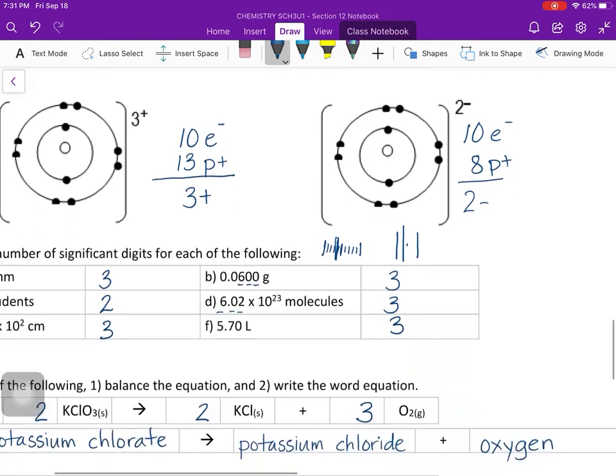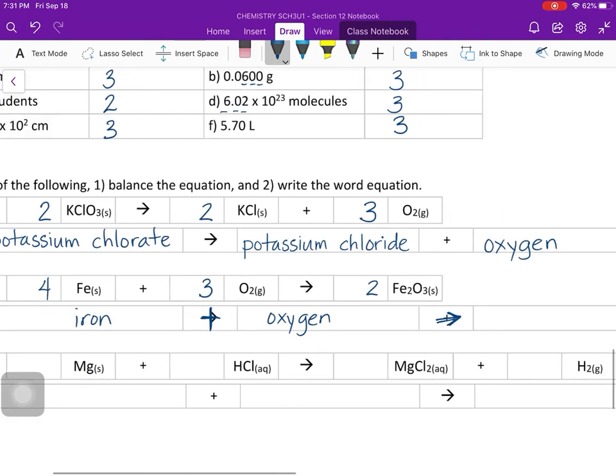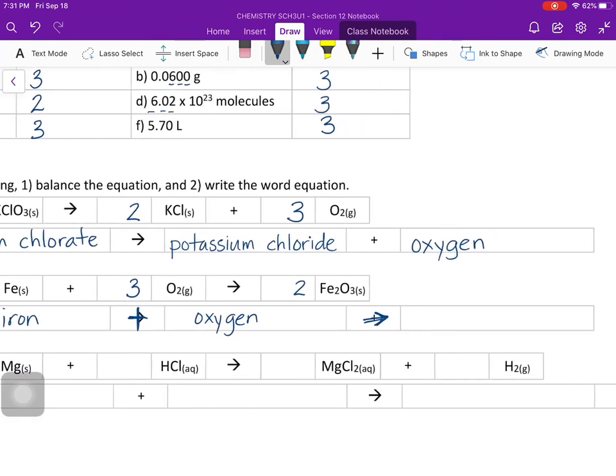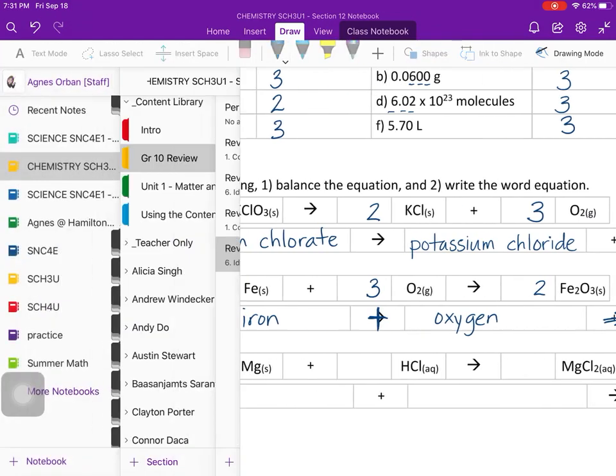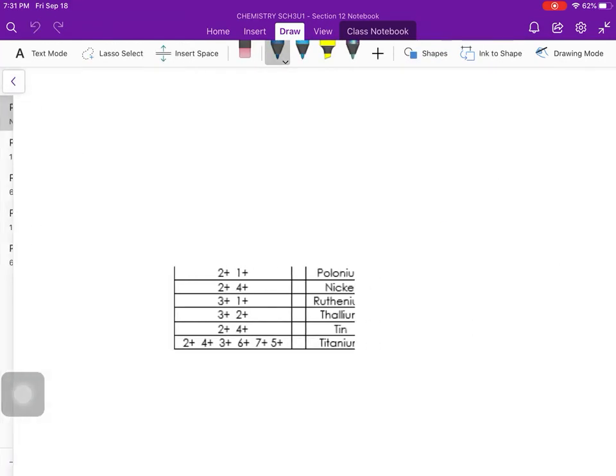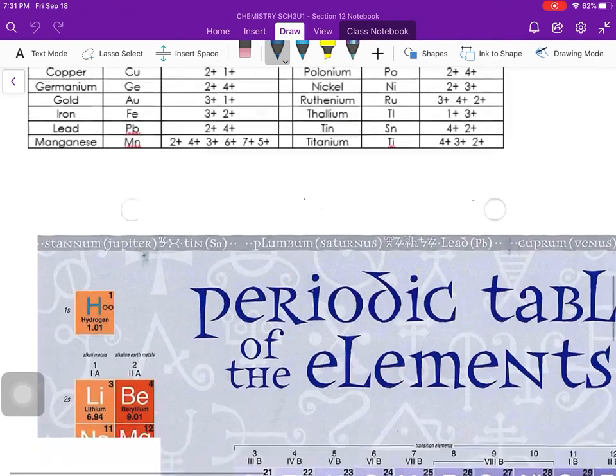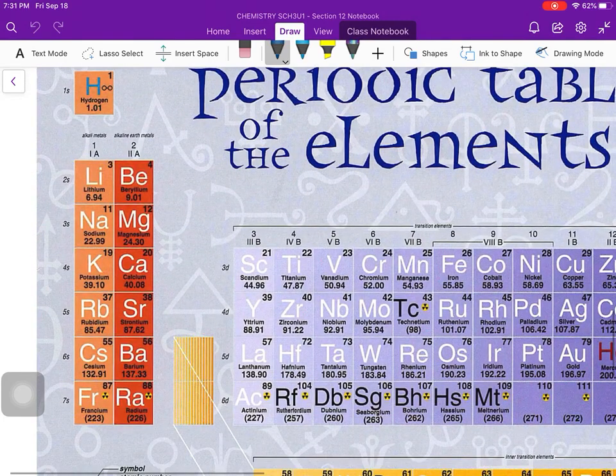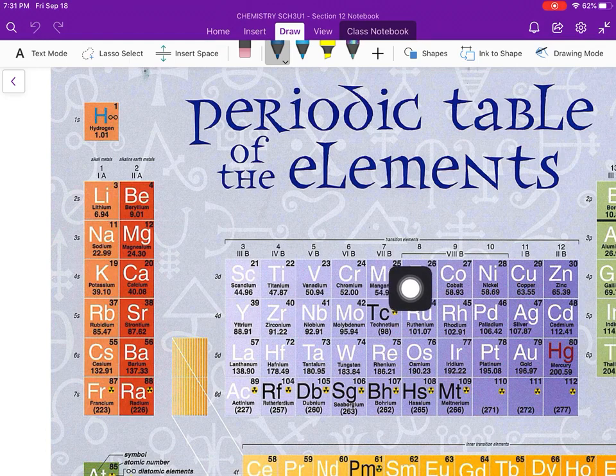So the reason that iron can have either 2 or 3 electrons is that one of those electrons will sometimes be found, and I'm just going to quickly move to the periodic table, so iron is found in the 4th row here.